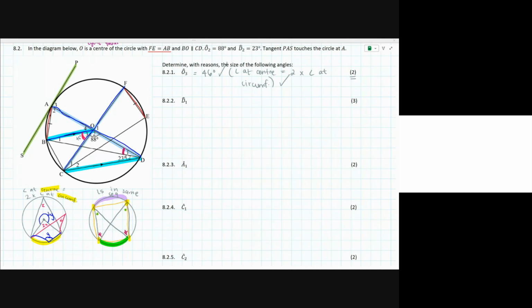And then OC is equal to OD, which means base angles of a triangle, which means C and D are the base angles. So 180 minus 88 divided by 2 is angle C and D. And then you take angle D2, you subtract to give you angle D1.